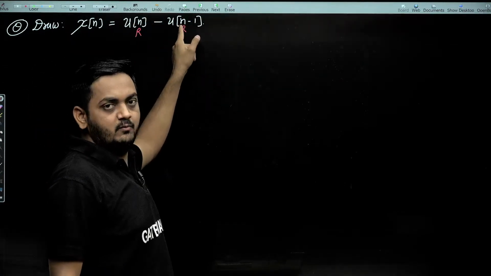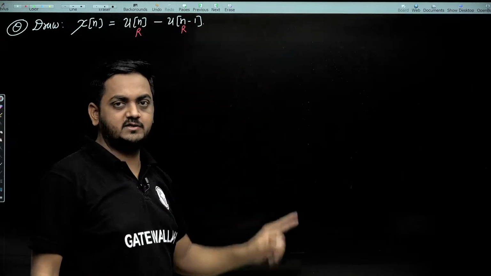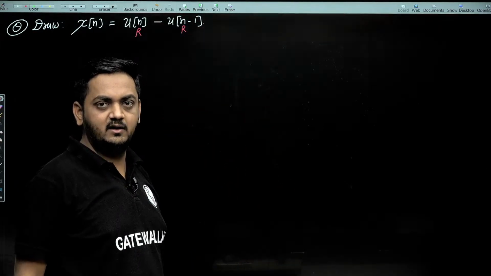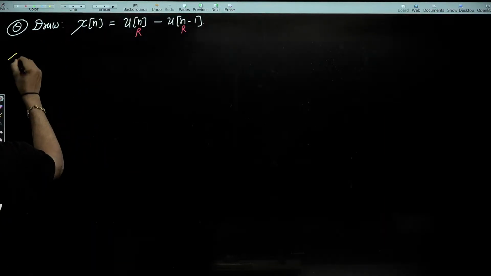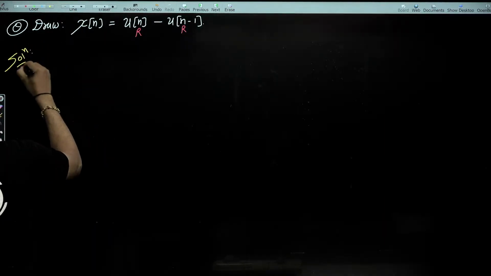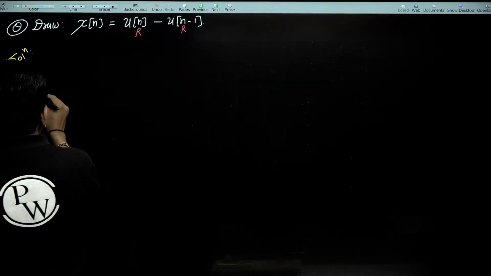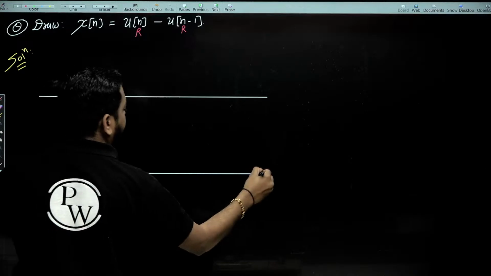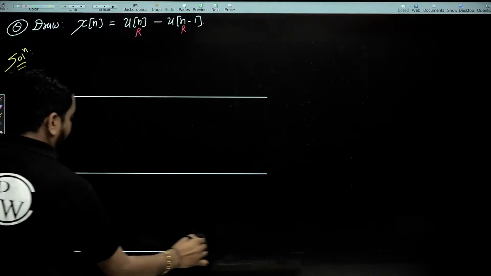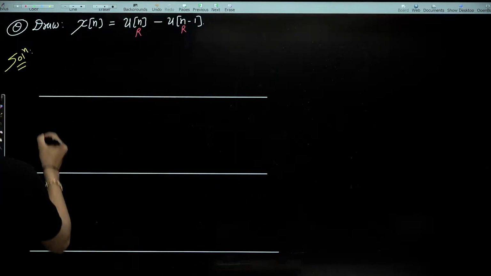This will start from n equal to 1 and going towards right side. Yes or no? Correct? Okay, right side opposite sign. So first I am drawing u of n. I am here drawing u of n. This is u of n, and here this is u of n minus 1, and this is the resultant signal u of n minus u of n minus 1, that is x of n.